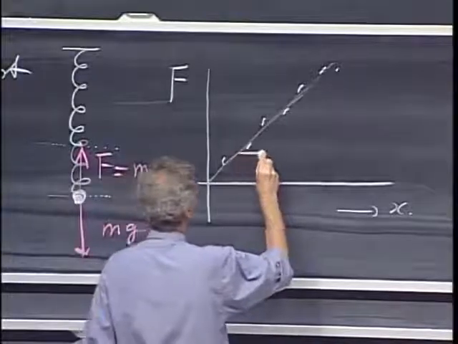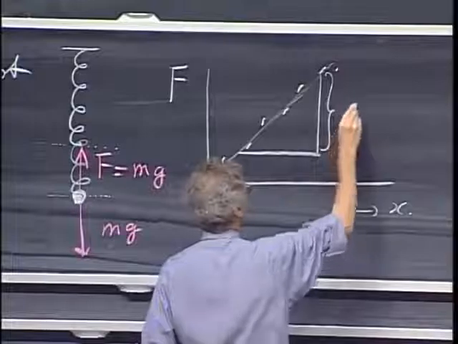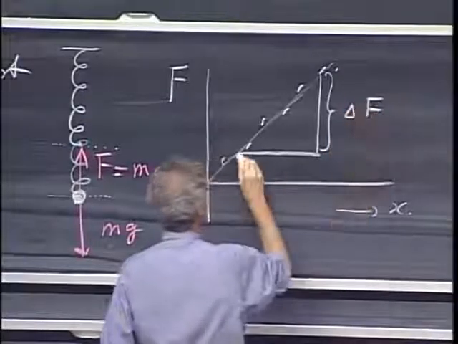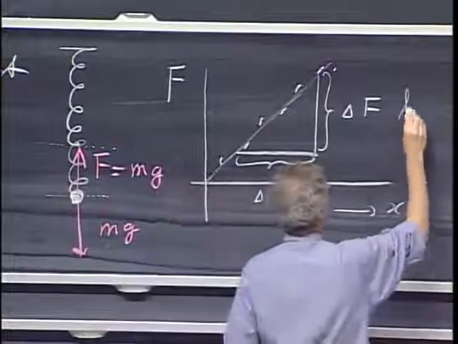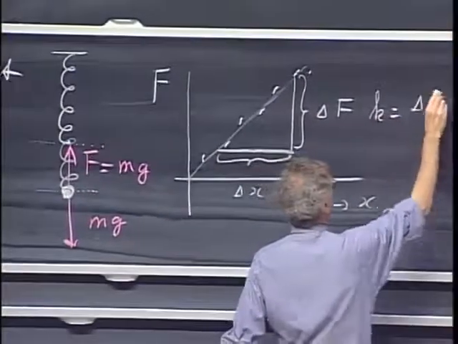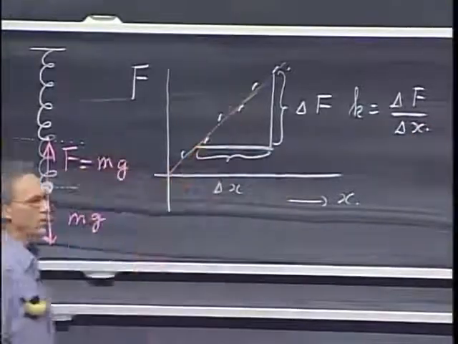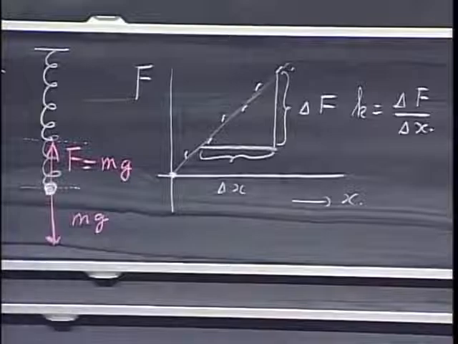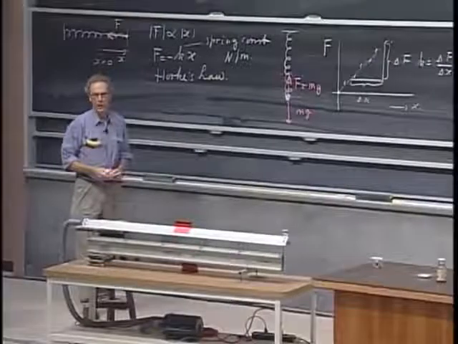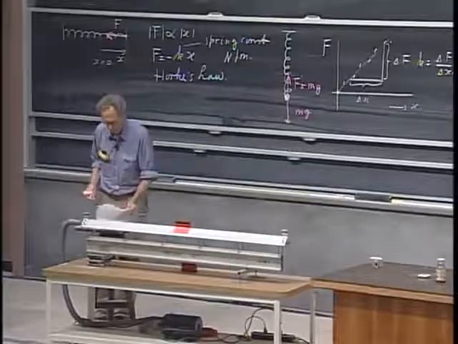And the spring constant follows then, if you call this delta F, and you call this delta x, then the spring constant k is delta F divided by delta x. So you can even measure it. You don't have to start necessarily at this point where the spring is relaxed. You could already start when the spring is already under tension. That is not a problem.